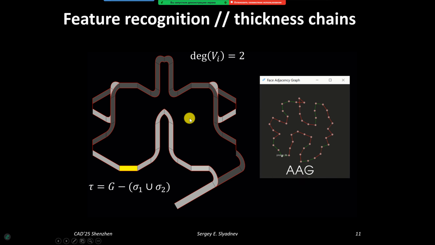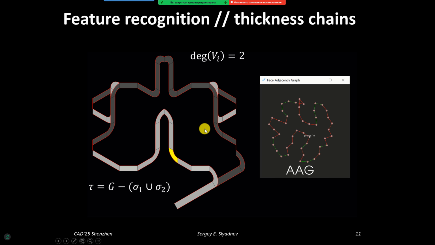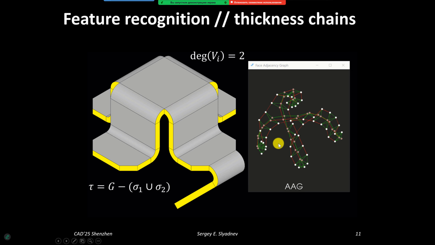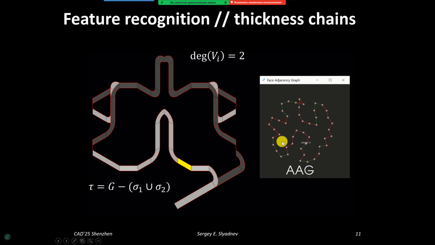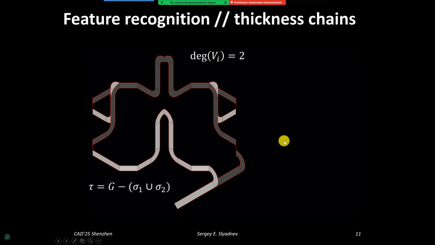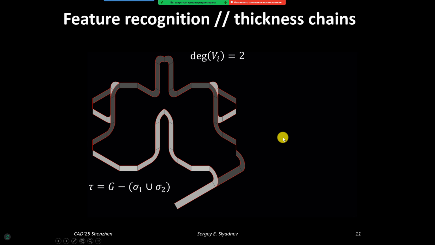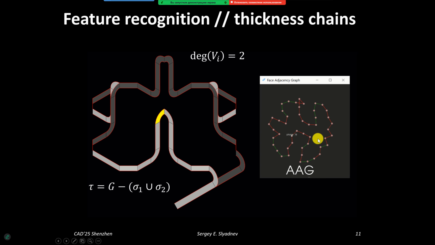If we keep them alone in the graph, then we will see a closed loop of nodes where each node contains exactly two incident edges. So the degree of each vertex in such a reduced graph is equal to 2, and this is the second key heuristic that we use in our feature recognition toolbox for sheet metals.